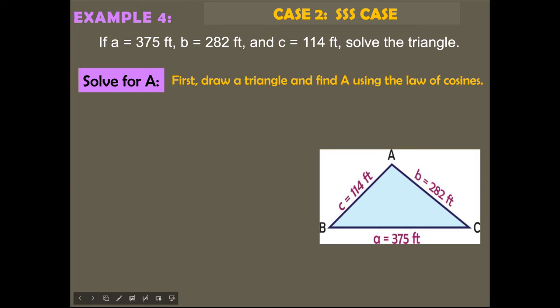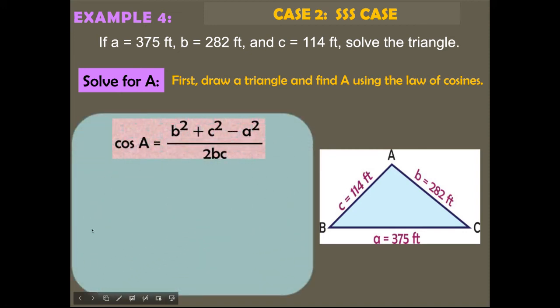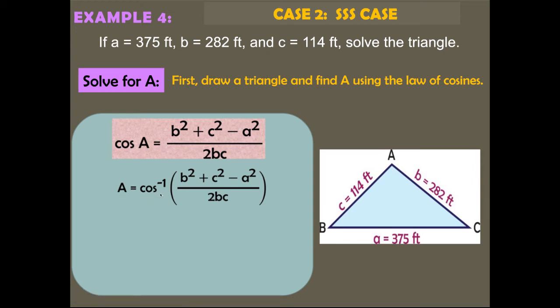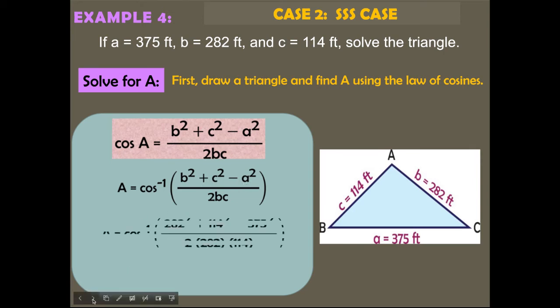To solve for angle A, we will use this formula for cosine law, which is cosine A equals B squared plus C squared minus A squared all over 2BC. So angle A will be equal to cosine inverse of B squared plus C squared minus A squared all over 2BC. And then substitute the given values.